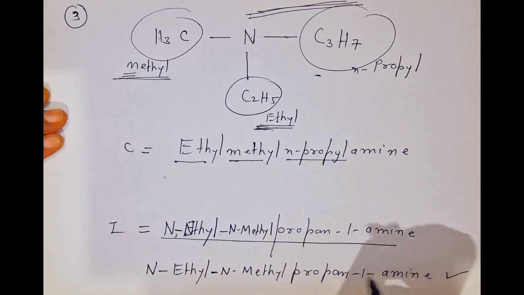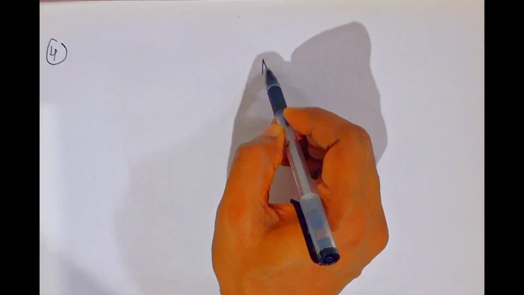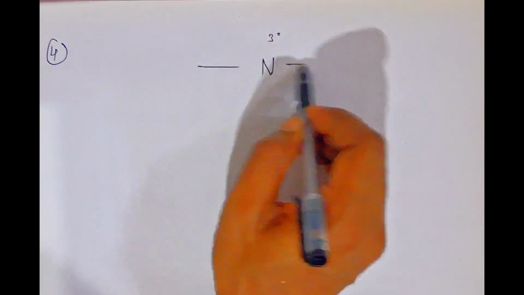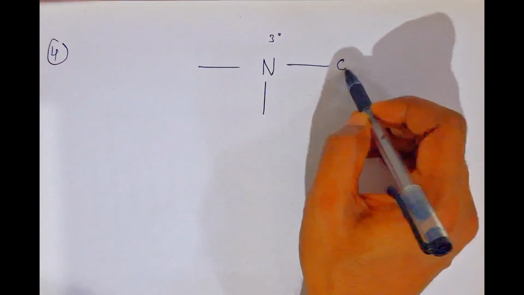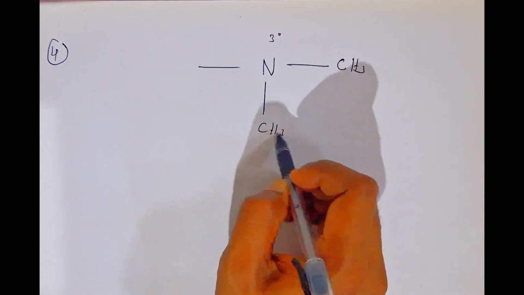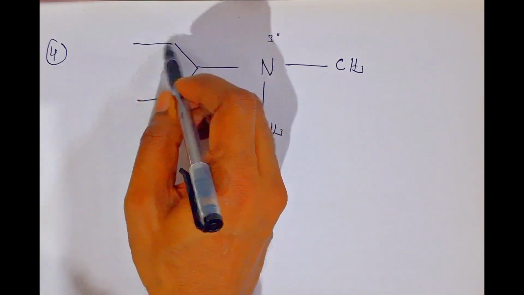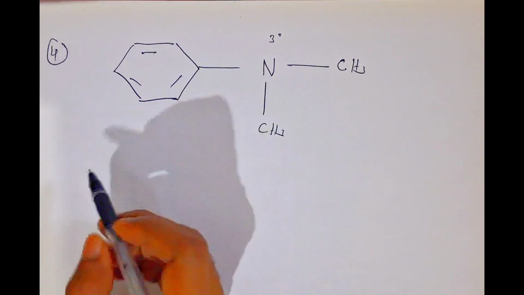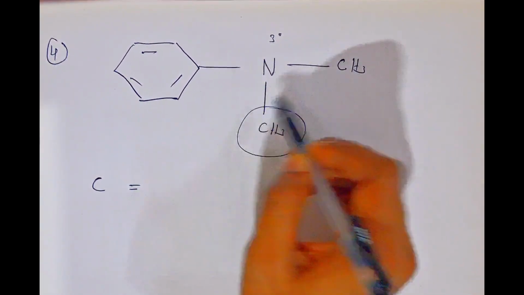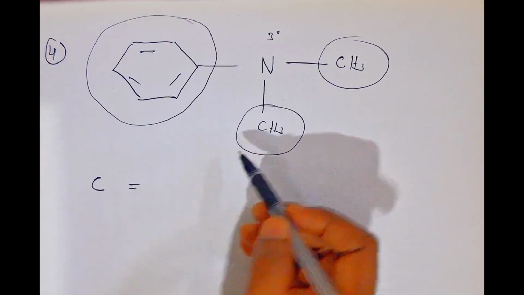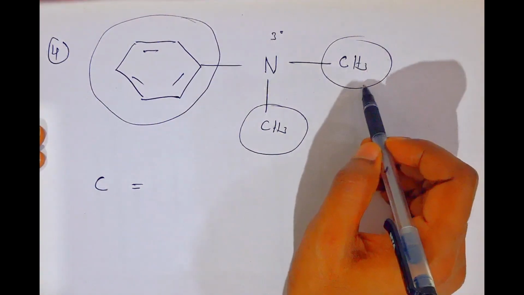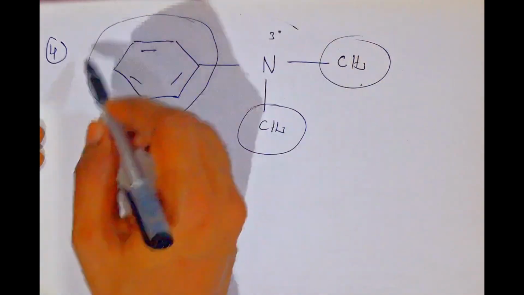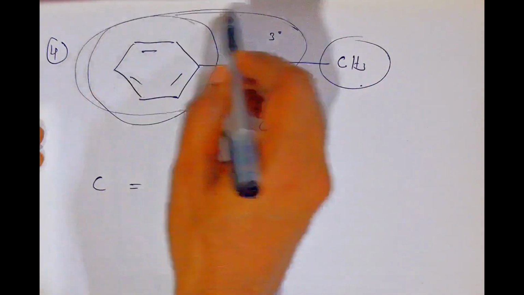This is very important, students. Fourth molecule, students, this is the tertiary amine system, 3rd degree. All the valency of this amine is replaced by CH3 and here by benzene. So what will be the name of this molecule, students? Here this is methyl, and this is phenyl. Two methyl are attached to the nitrogen of this aniline, and aniline will be your parent.